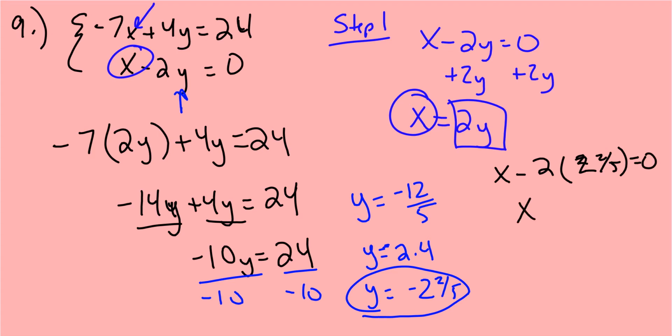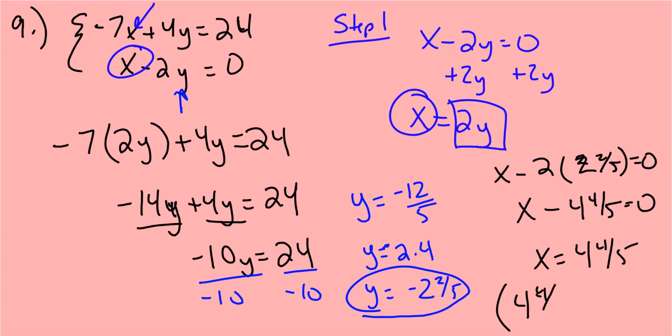I'm going to get x minus 2 and 2 fifths is negative 24 fifths, which is going to be negative 4 and 4 fifths. So I'm going to add 4 and 4 fifths to both sides. I get x equals 4 and 4 fifths. So that means my ordered pair, my answer, is going to be 4 and 4 fifths, or maybe you have 4.8, and then negative 2 and 2 fifths.